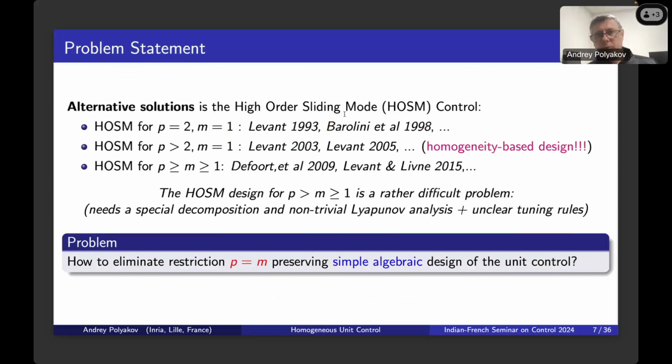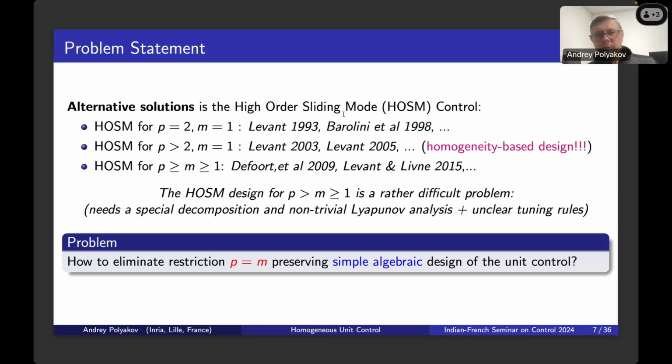And the usual approach is, of course, higher order sliding mode control. It's not exactly unit control, but it gives some solutions for how to design sliding mode controllers. Here are a few references about sliding mode control design for different cases when the surface is a rather specific surface, not for any surface C, but some cases at least.